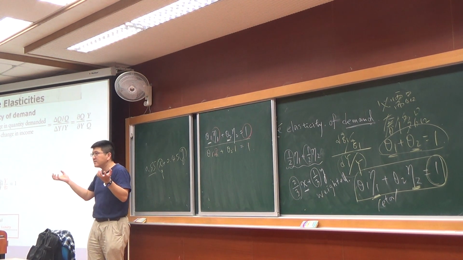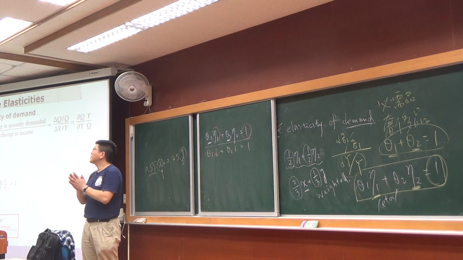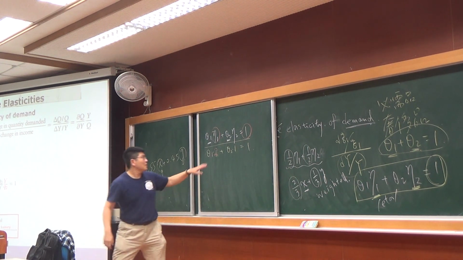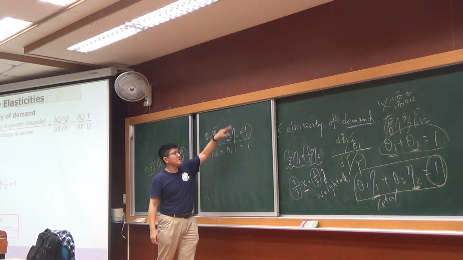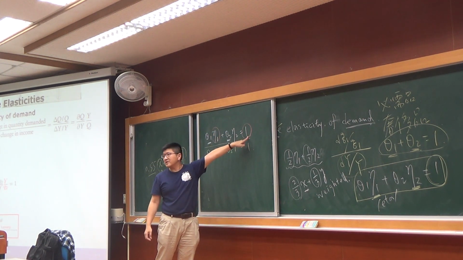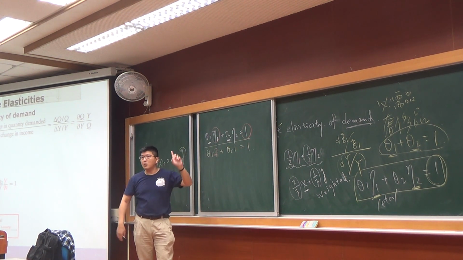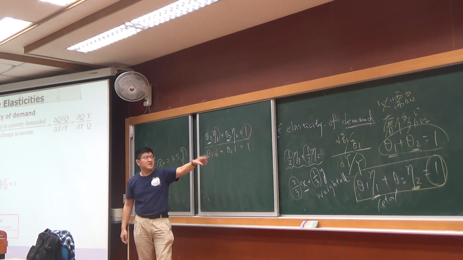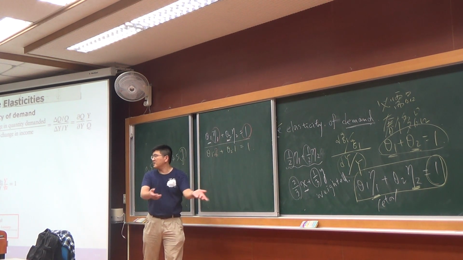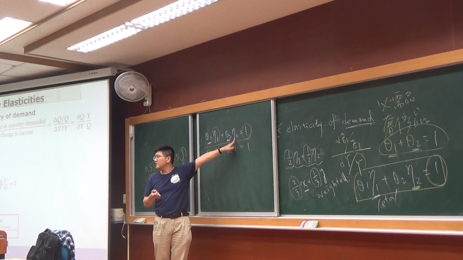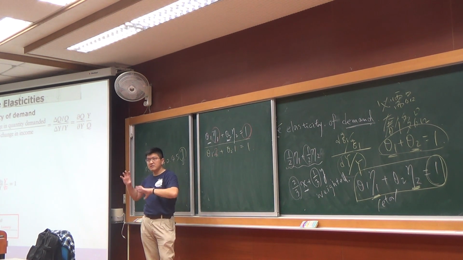Otherwise, when they increase at the same time, when eta 1 is higher than 1 and eta 2 is higher than 1, then this cannot hold, right? On the right hand side, 1 is 1; this cannot be changed. So on the left hand side, if you raise the value of eta 1, you must lower the value of eta 2 to balance it.